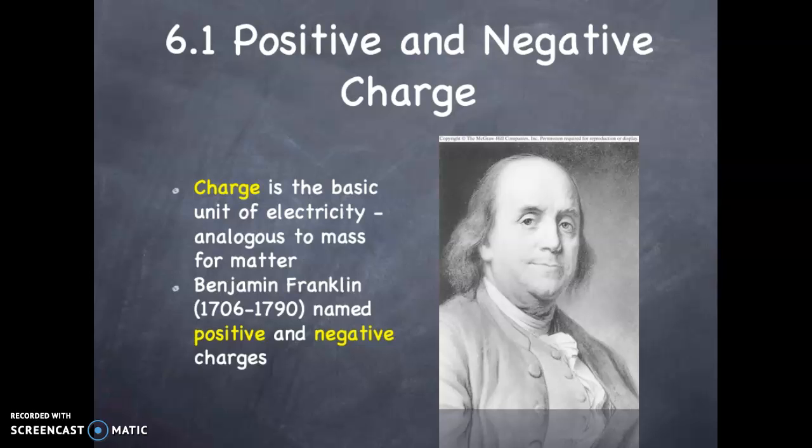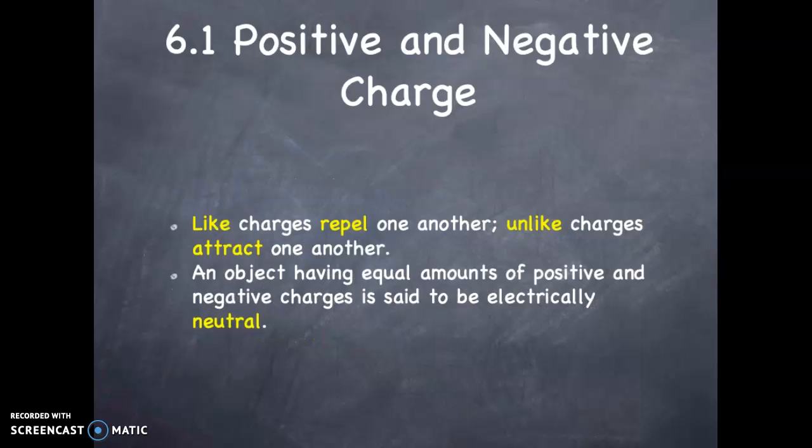When it comes to the beginning aspect of electricity, the first item of business is to consider the definition of charge. Charge is the basic unit of electricity, analogous to mass for matter. Benjamin Franklin is credited with giving the name positive and negative charges, and we will have two types of charges in physics.